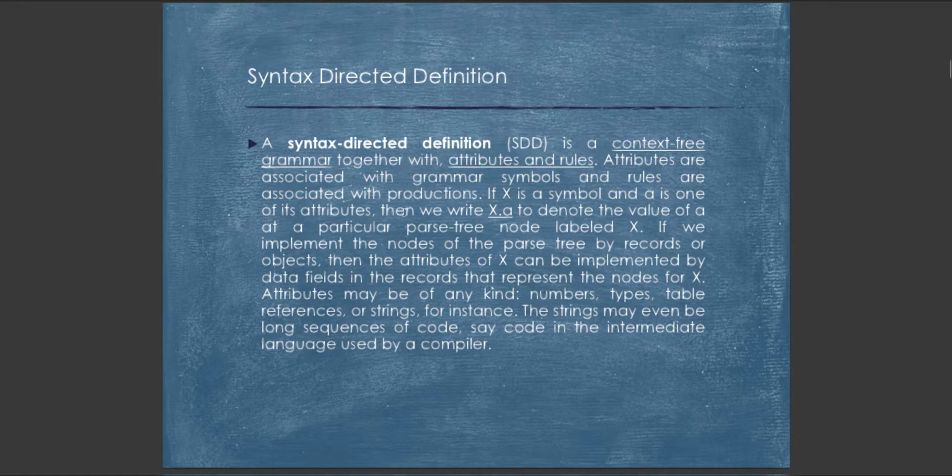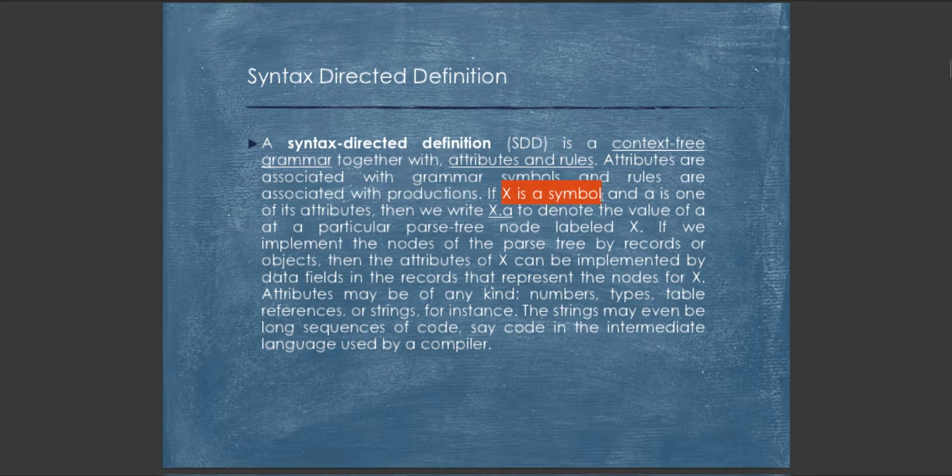So attributes are associated with grammar symbols, or to be exact, properties of non-terminals, and rules are associated with productions or properties of production.